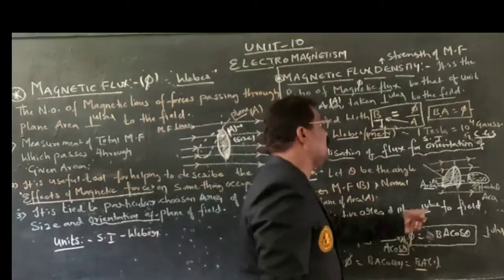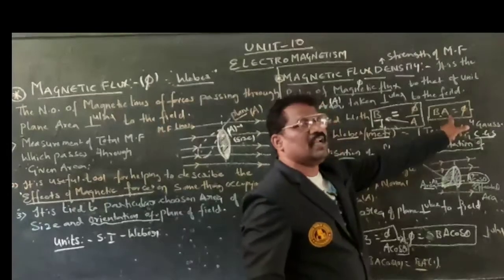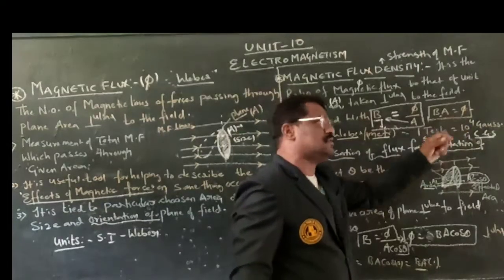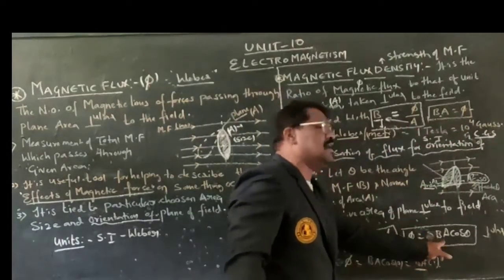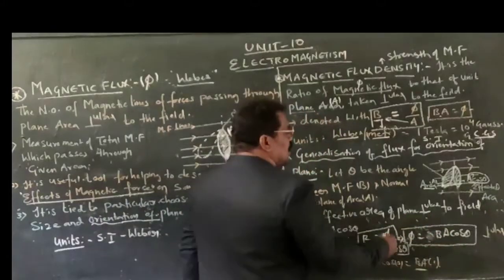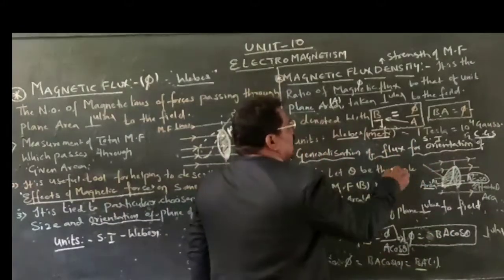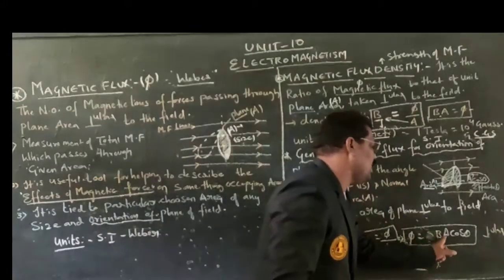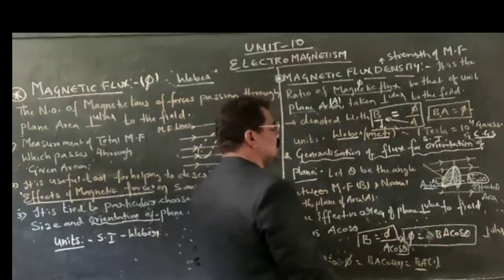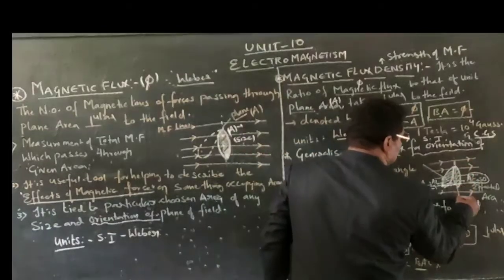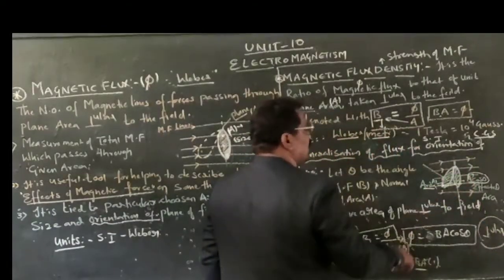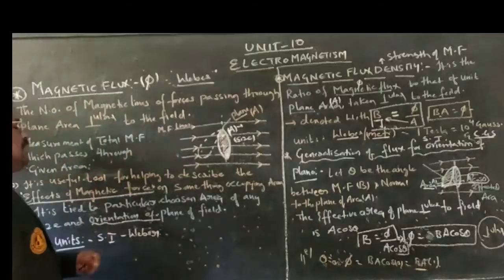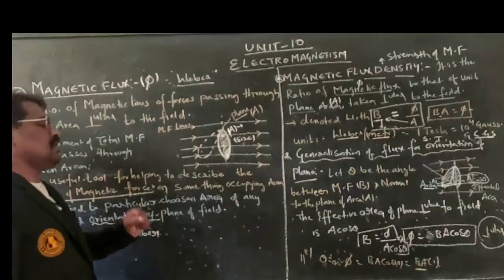From this formula, I can calculate magnetic flux, the magnetic flux for orientation of a certain plane. Phi is equal to BA cos theta, if this affected area is exactly perpendicular to the magnetic field.